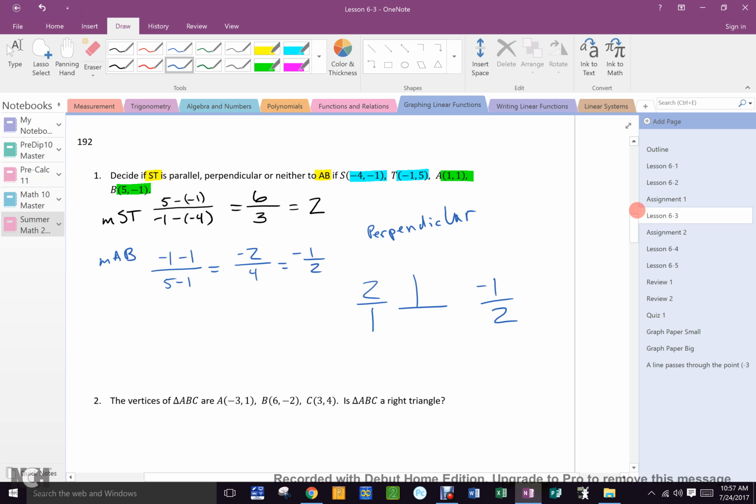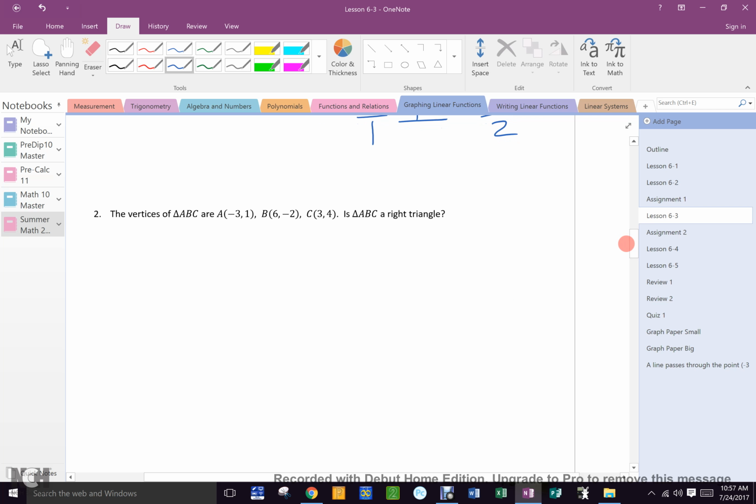Okay. Now, next question. I've been given a triangle. If it's a right triangle, what does that tell me about one of the angles in the triangle? One of them has to be 90, which means I technically would need to check 6 slopes, wouldn't I? That's a lot of work. Can I make it any easier on myself?